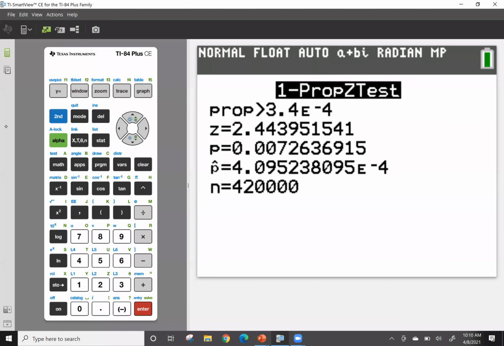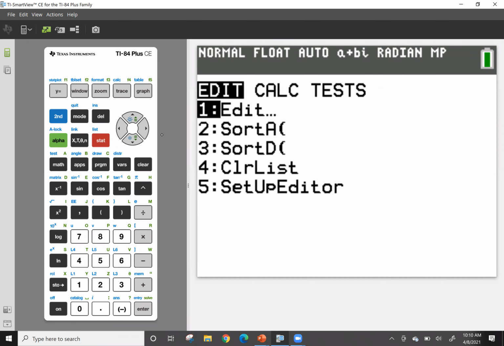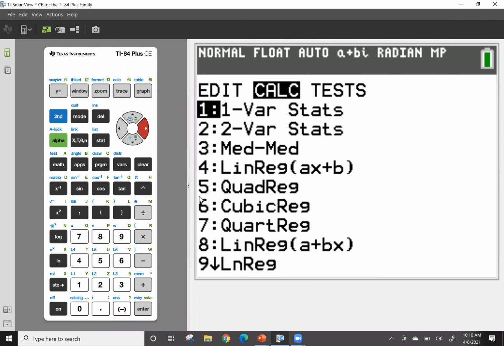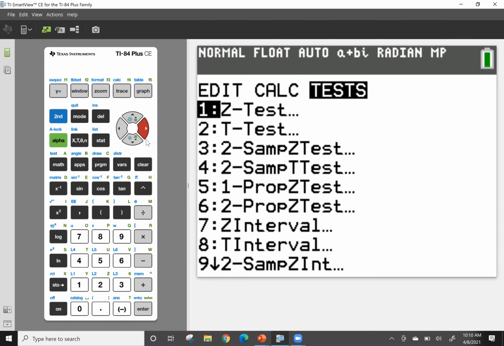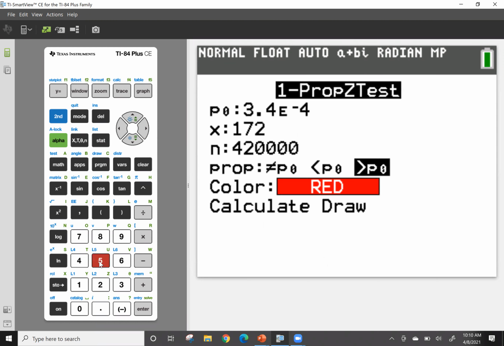So I'm going to conduct again a one proportion z-test, number 5. My p sub 0 was what? 0.00078. That is the percentage on the national level.